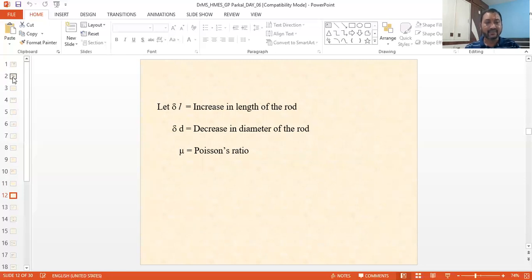So for that, first let delta L be the increase in length of the rod, and delta D the decrease in diameter of the rod, because the diameter will reduce, whereas the length will increase due to the action of this axial tensile force. And mu is the Poisson's ratio.